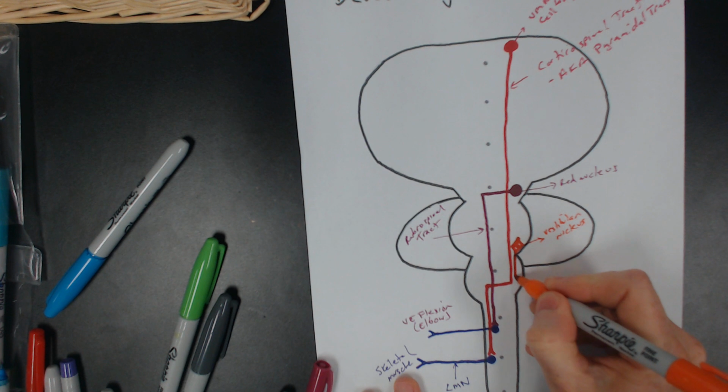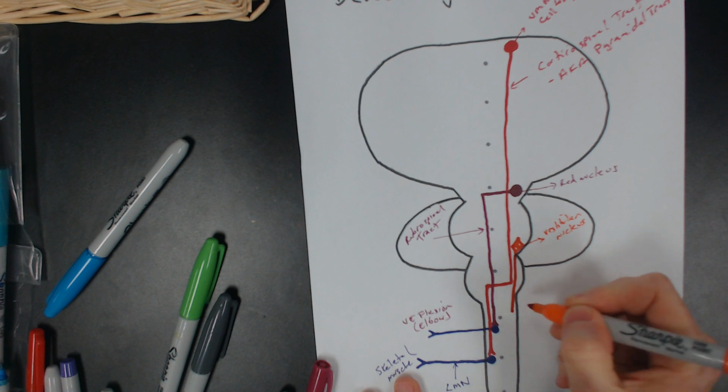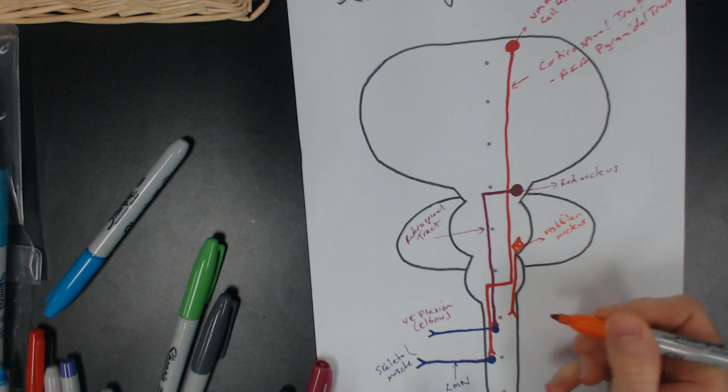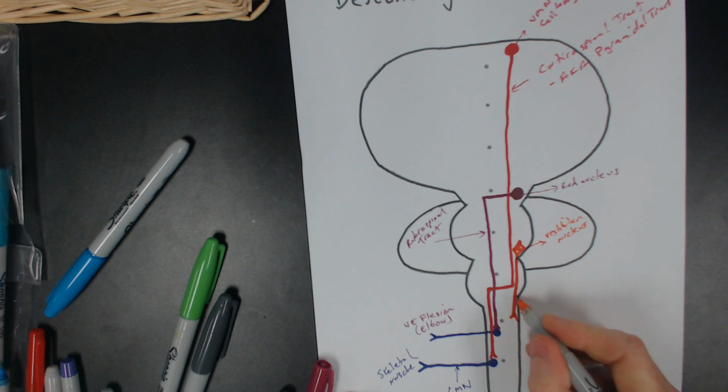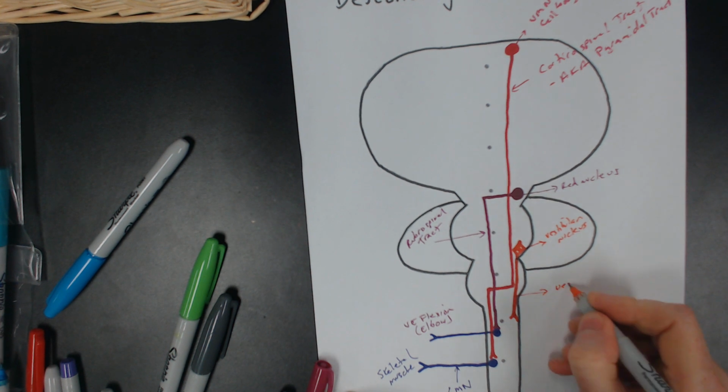So we're just going to come straight down to the appropriate spinal level, stay ipsilateral, no decussation for the vestibular nucleus or the vestibulospinal tract. No decussation.